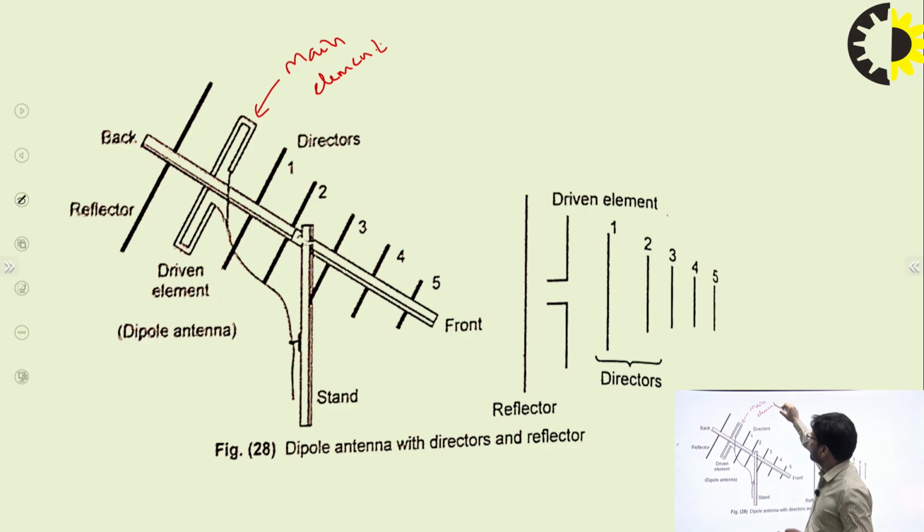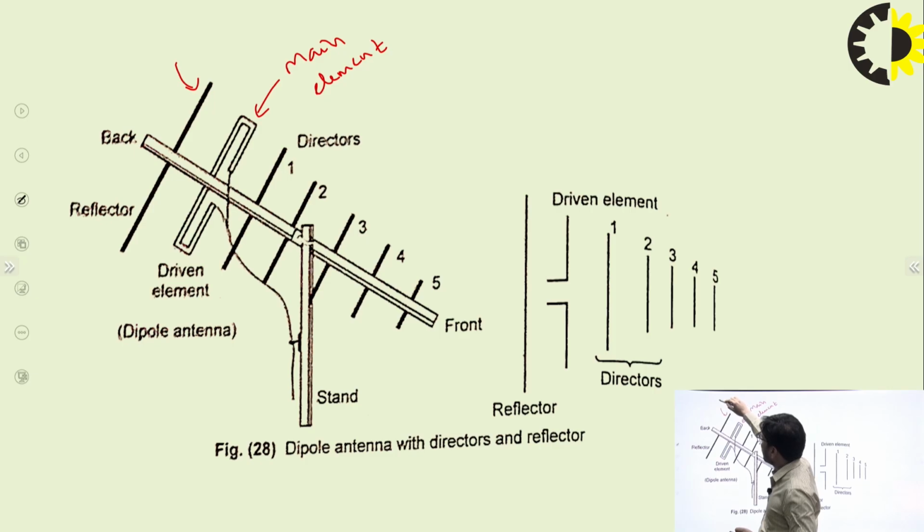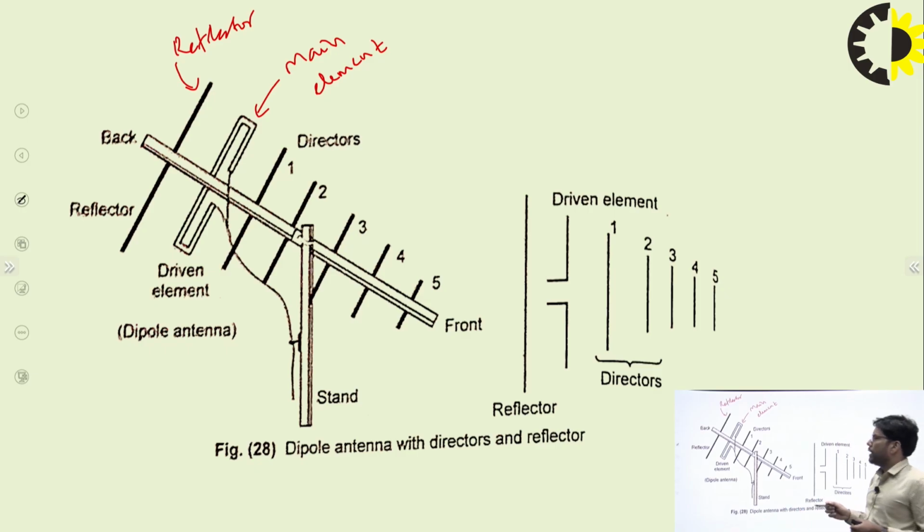These elements, 1, 2, 3, 4, 5, 6, are known as directors, while the back element is called the reflector. So finally we can say the Yagi-Uda antenna has three elements: the main element, also called the driven element, directors and reflectors.